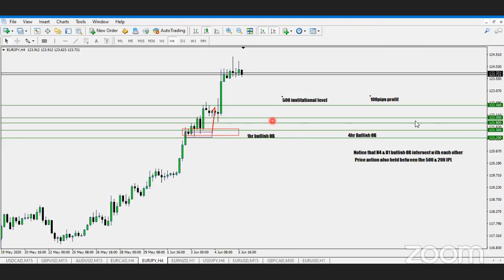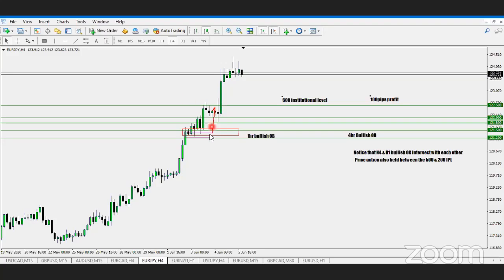It hesitated at our round number of 120,200 and rallied down into our order block over here, respected our 500 institutional level, our 200 institutional level, and rallied up. And I took 100 pips on that trade. I took profit basically at the 500 institutional level, which I think was my 100 pips over here.